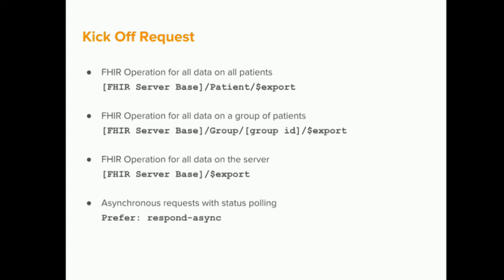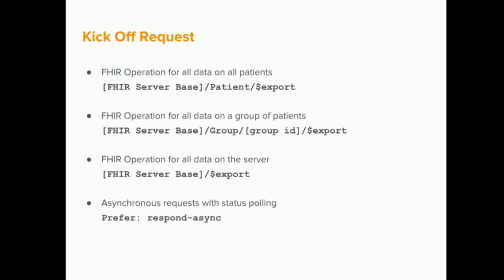So that would be at the root patient compartment level. You're saying, I want all data that the system has for all patients. And again, it's all the data that the system is able to export as FHIR. And so it might not be the same for every system, but it'll be what that system is mapped into FHIR resources.